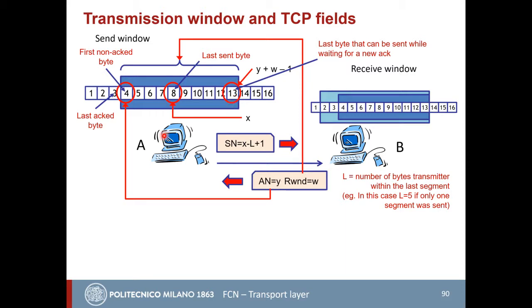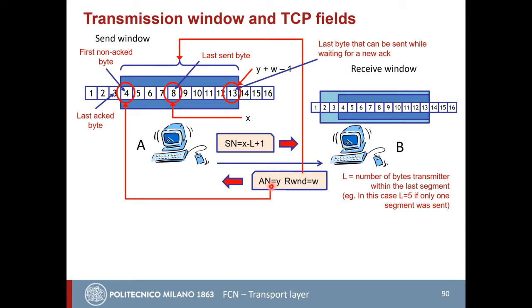Okay, so in this case, the last ACK that has been received was acknowledging byte number 3. You can see it in this message: the acknowledgement number is equal to y, in this case 4.